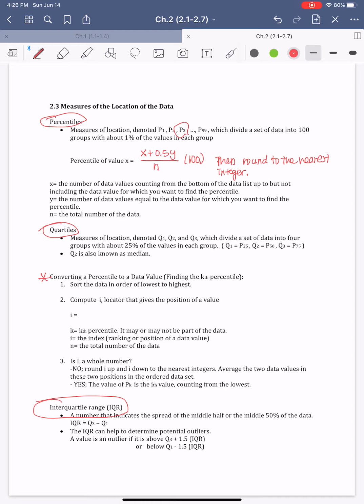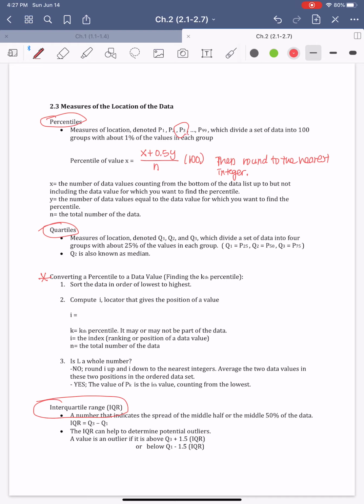What is a quartile? Well, you can divide the data into each 1%, or you can divide it into 25%. Think about the money dollar. There's a dollar bill, but you can also make that dollar bill by looking at each penny, right? 1 penny, 2 pennies, 3 pennies, all the way up to 99, and then the 100th penny will make 100%.